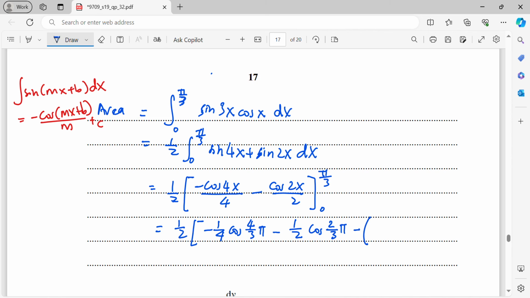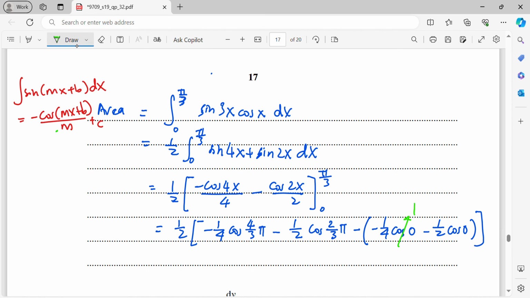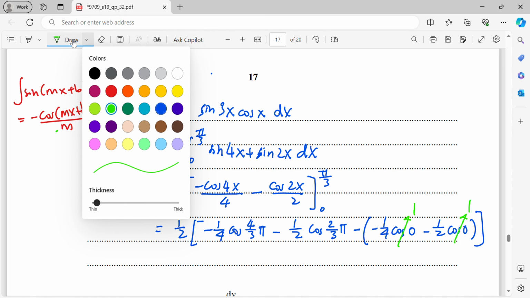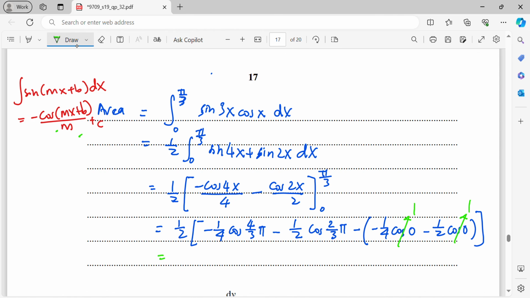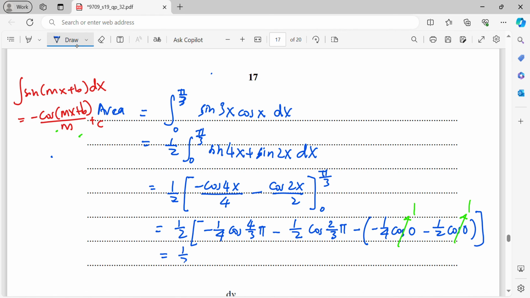Then you minus when the x is replaced by 0. So I'll get negative 1 over 4 cos 0, then minus half cos 0. Remember, cos 0 is 1. Now cos 4 over 3 pi, when you multiply with negative 1 over 4, you will be getting negative 1 over 8.